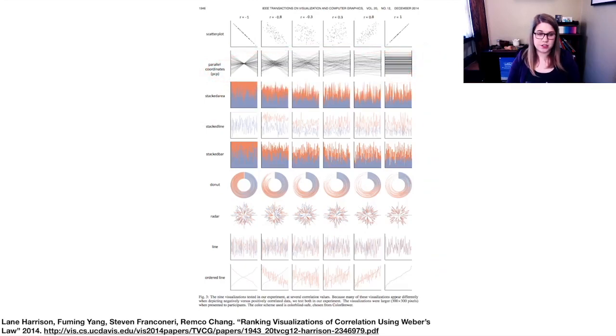So there's different ways to visualize it, and I think that they said that these perceptual differences for correlation followed Weber's law. Interestingly, there was a follow-up paper that used the same data because this was reproducible research. They published their data and their code, and someone did a reanalysis of the data where they came up with a slightly different conclusion. So it's maybe not as exact as Weber's law would suggest.